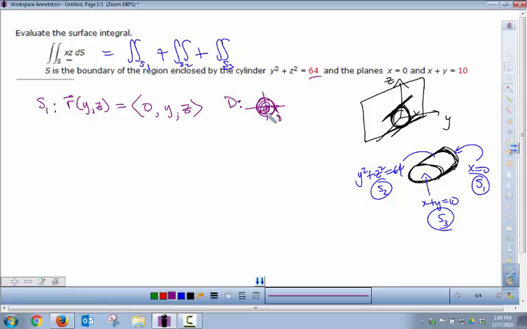Okay. So we're going to want the magnitude of the cross product of the partial derivatives.